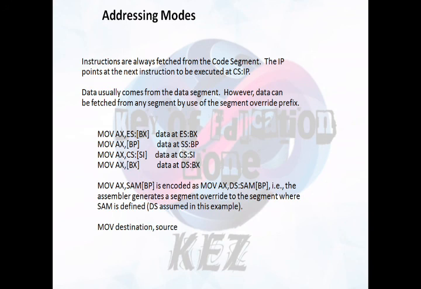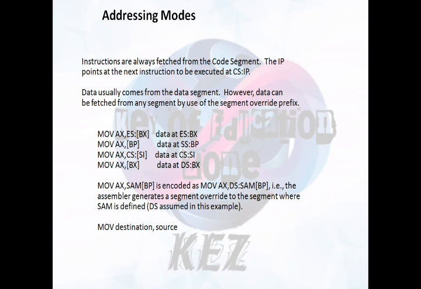Now one thing you have to remember: when I give MOV, that means moving within the data segment. When I give DS, the assembler generates the segment override prefix. So one instruction may be used in several ways, for several purposes.